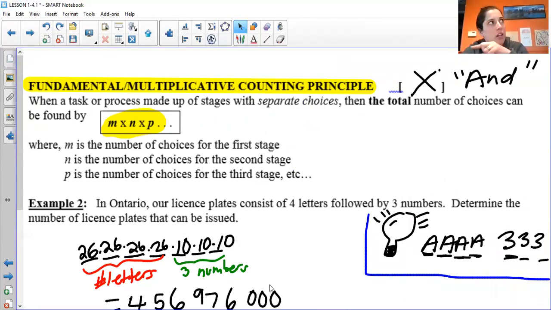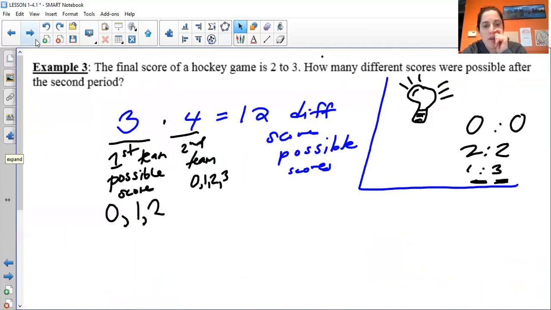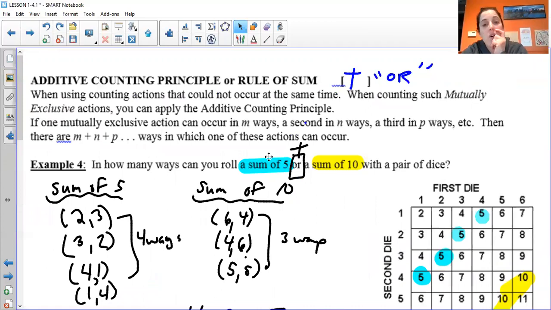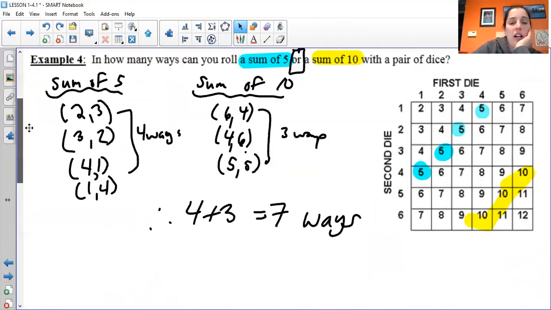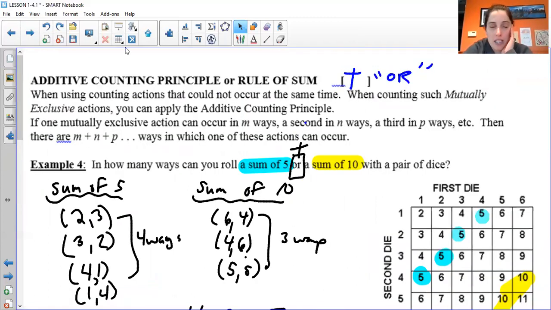It's not like "or," it's an "and" situation. So "and" I find is more popular than "or." So "or," you're adding. Just to also, I've encountered students that haven't had experience with a deck of cards. I'm going to put in an example for that so that helps you for your homework.